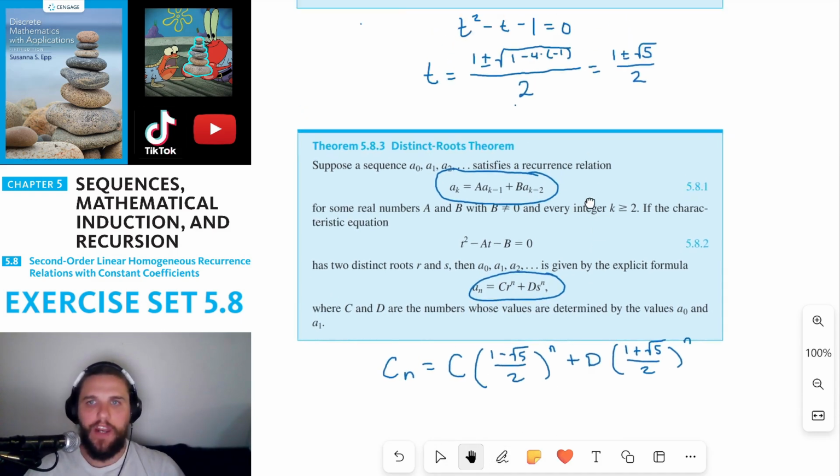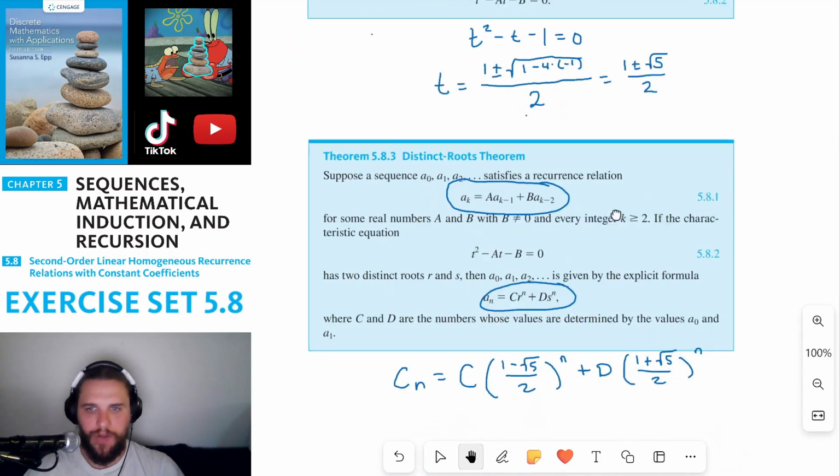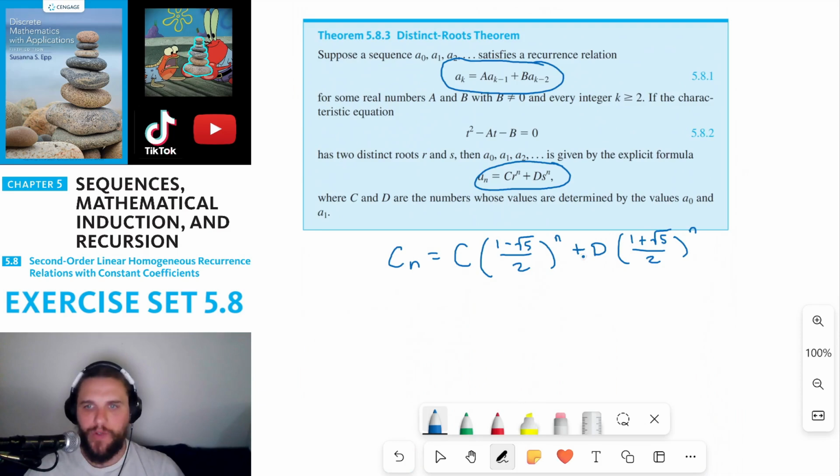Now, we're given initial conditions at the top here, that c sub 1 equals 1 and c sub 2 equals 2. So if we plug in n equals 1 here, we should get 1. So let's do that. This says 1 equals c times 1 minus root 5 over 2 to the 1st power, which I won't do anything there, plus d times 1 plus root 5 over 2, and then to the 1st power, which I'll just leave alone.